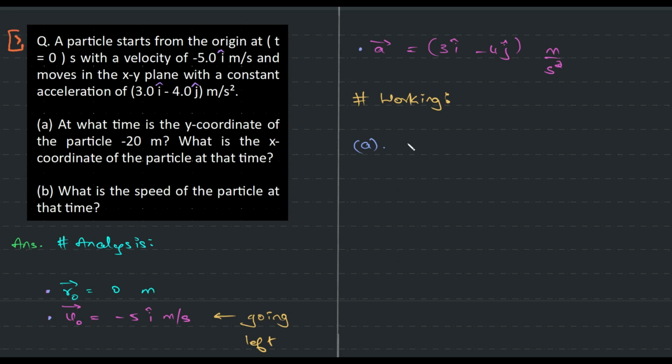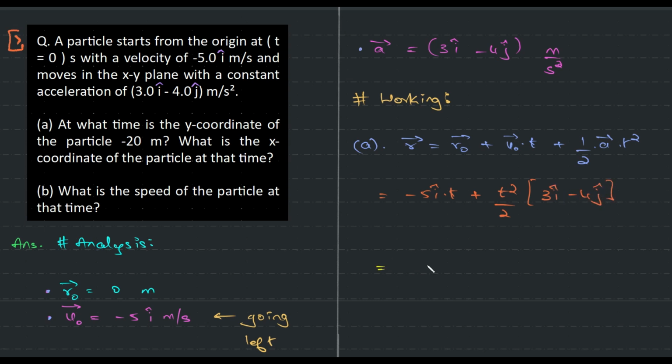So for this, I'll figure out my r, which is r naught plus v naught t plus half a t square. This r naught is 0 that I can ignore. This is minus 5 i cap t plus t square by 2 times 3 i cap minus 4 j cap.